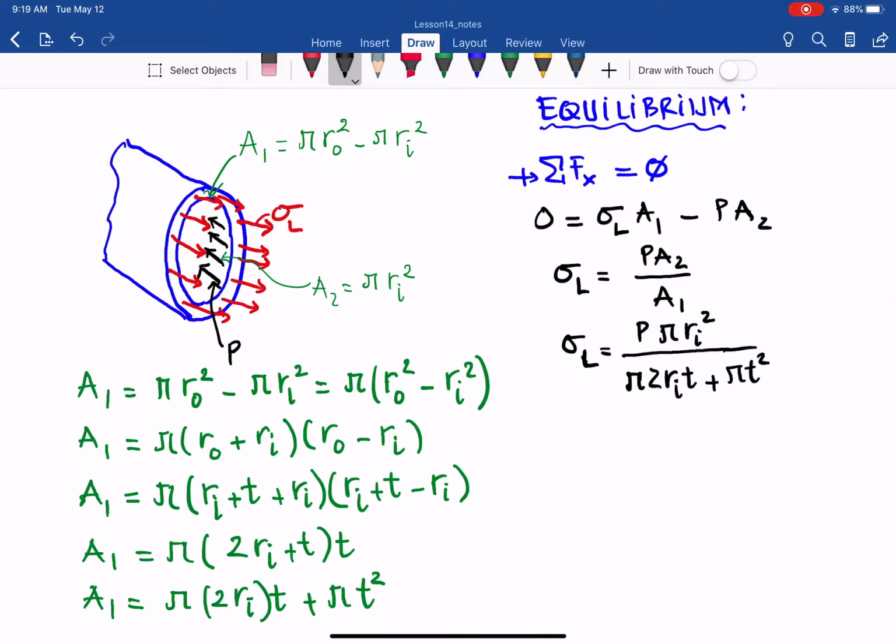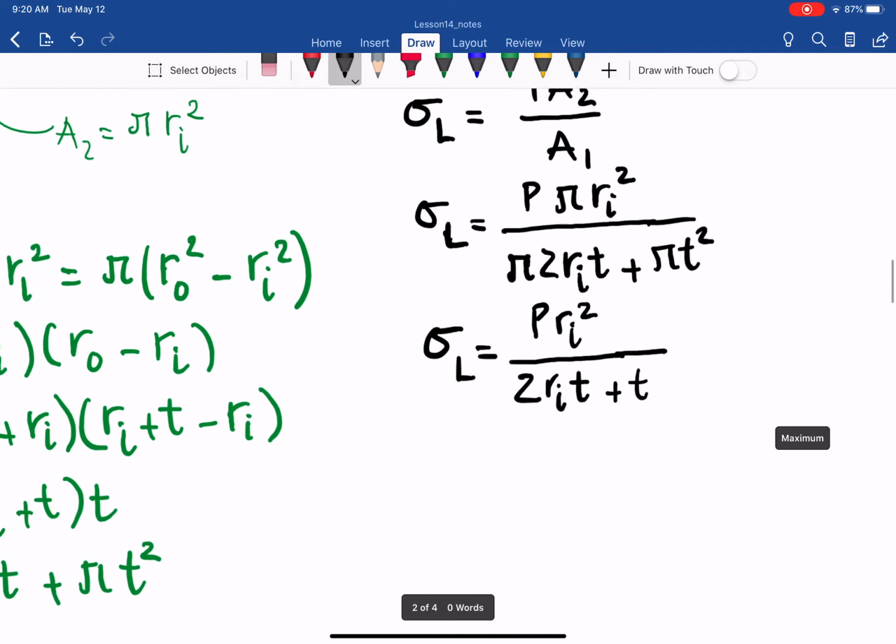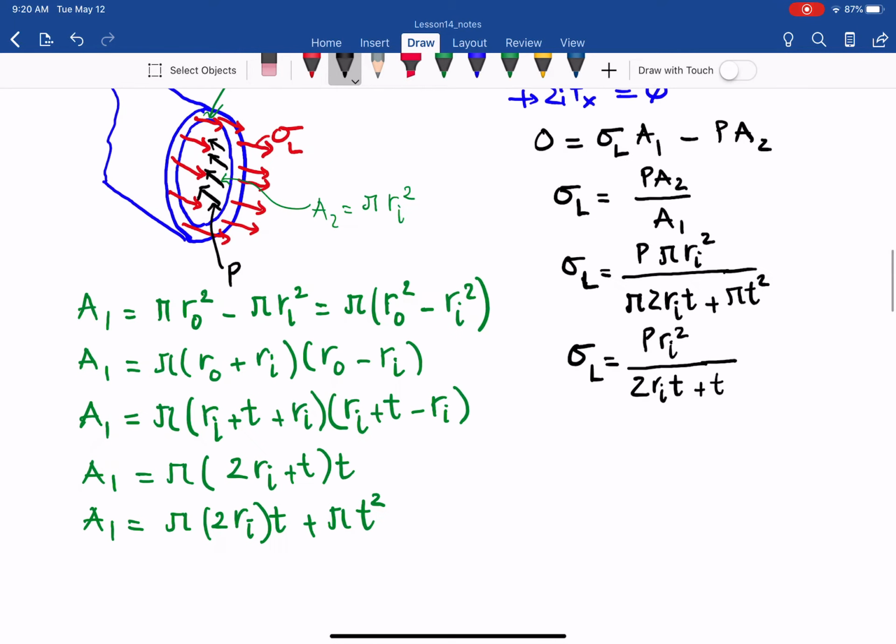So we have sigma L equal to P Ri squared over 2 Ri t plus t squared. Everyone see that here? So let me divide the numerator and the denominator by Ri, the inner radius.